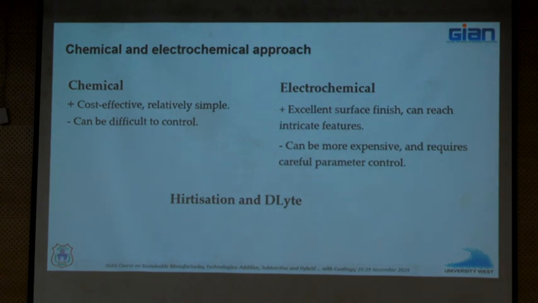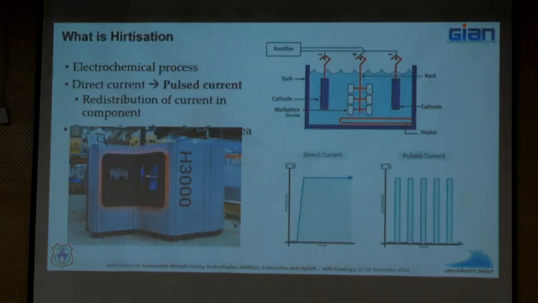It can effectively reach areas which appear inaccessible because you are dipping it in, and of course for anything which is good you need to pay a price. So it's more expensive than this, but worthwhile for many parts where the geometry is very complex and there are intricate features that cannot be left unfinished, so to speak. So that's a way to go.